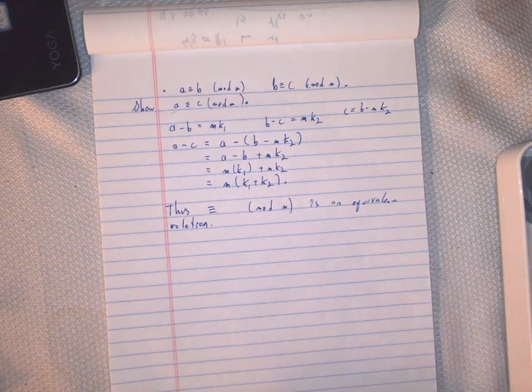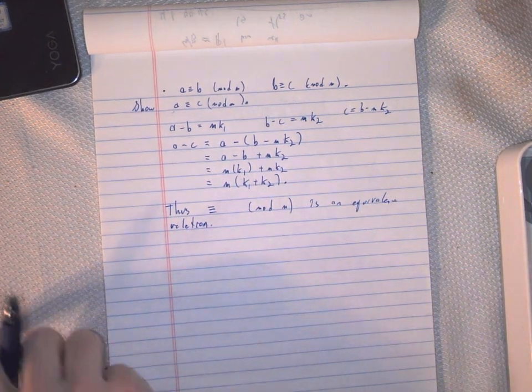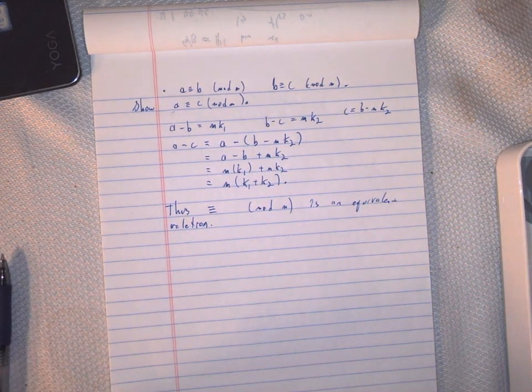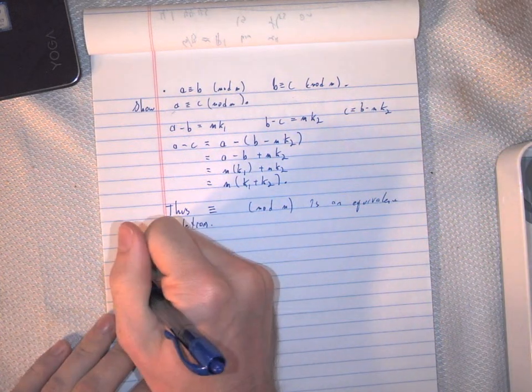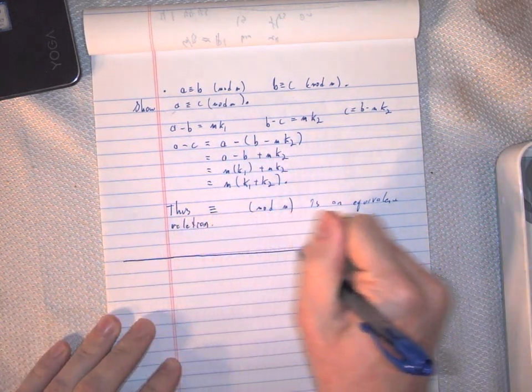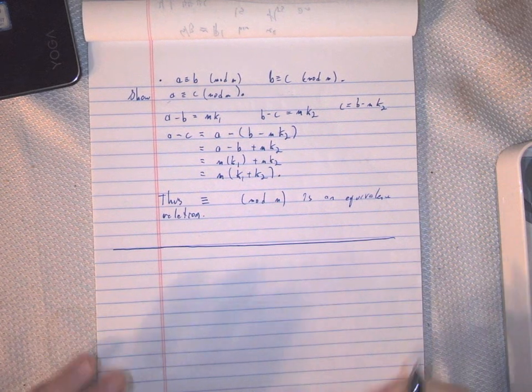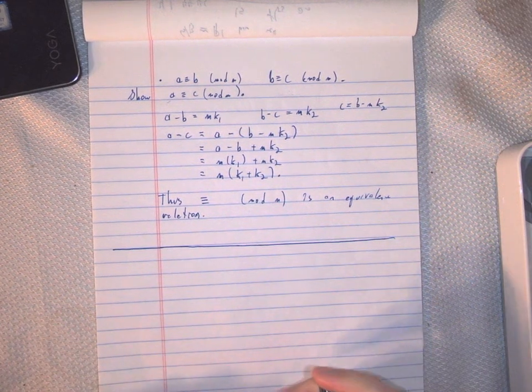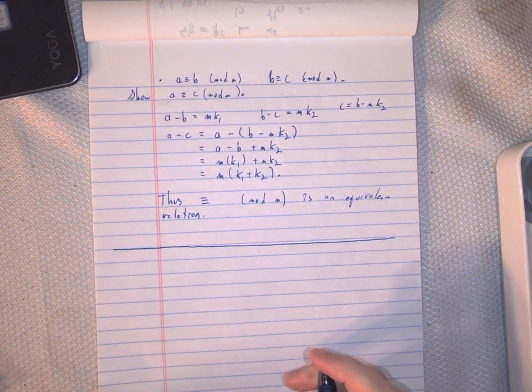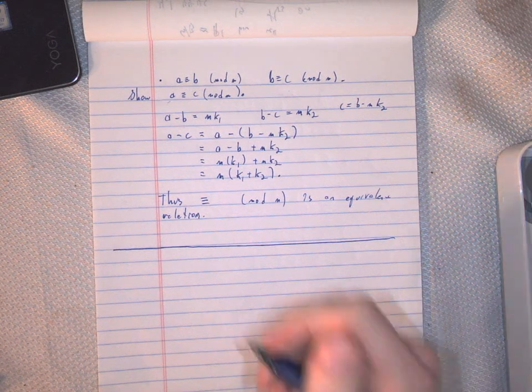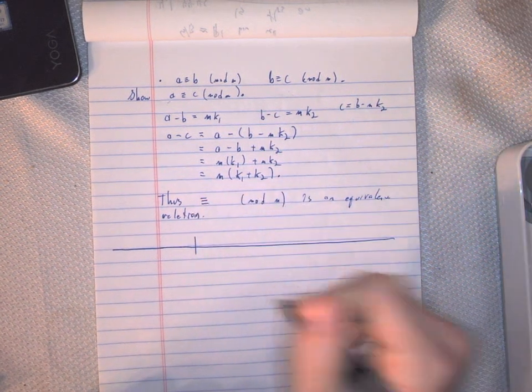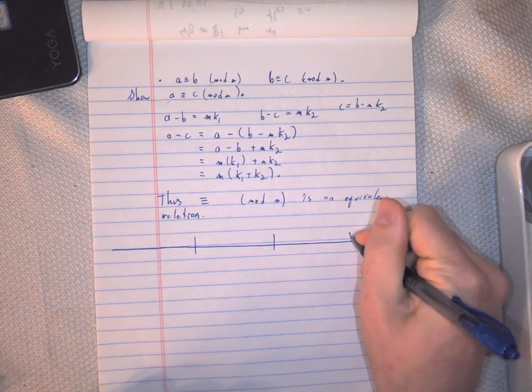Notice that the two examples that I've given you for an equivalence relation are pretty much the same idea. So the first equivalence relation said that two numbers in the real numbers are equivalent if their difference is an integer. Let's examine what is going on there.